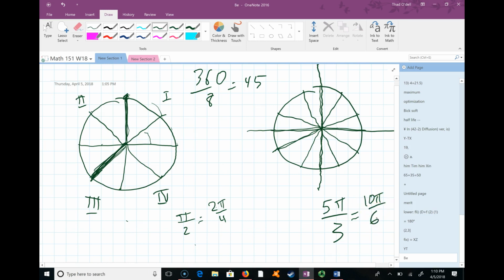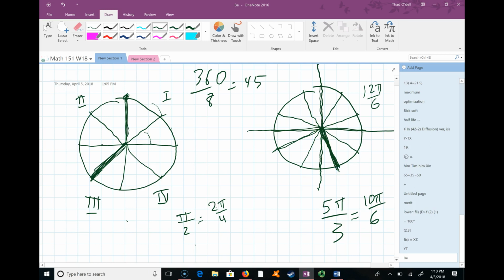We all know that? Because I multiply top and bottom by 2. So I can find 5 pi over 3 by just counting again. Now 10 pi over 6, I could count around until I hit 10 pi over 6. But I also realize that 12 pi over 6 is the same thing as 2 pi, which would take me all the way around. So this would just be 2 back from that. So 10 pi over 6 would be sitting right here.